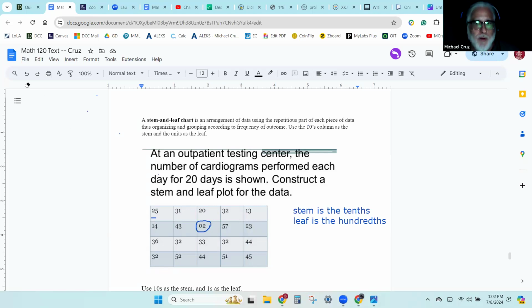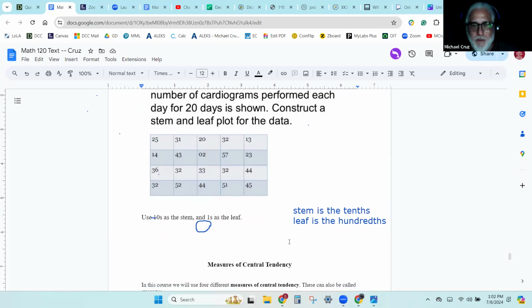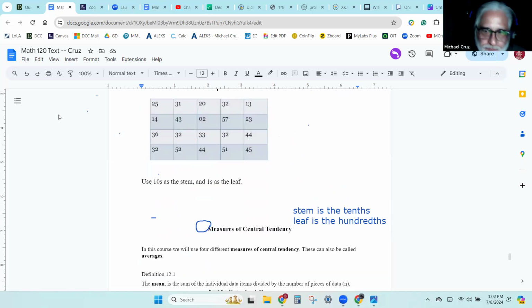So let's go through here. I'm going to put it right here on the side. Make a little chart. So what I'm going to do is put my stems here.